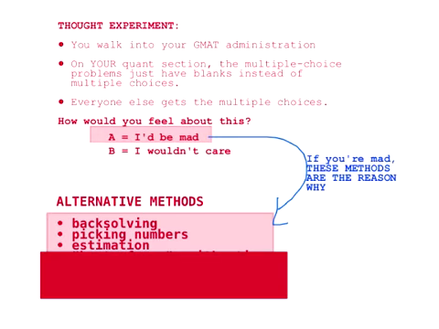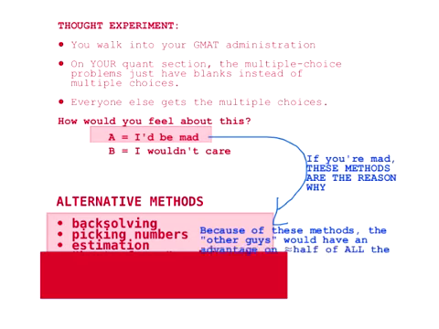Because of these methods, you never get partial credit. The other guys would have an advantage on almost half of all problems. That's a pretty big advantage, guys.